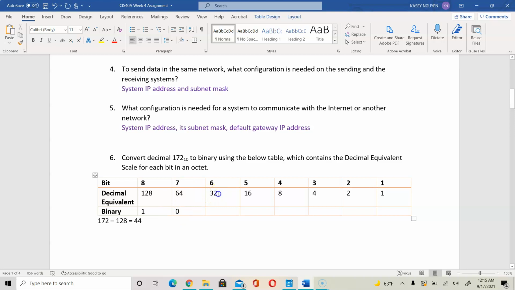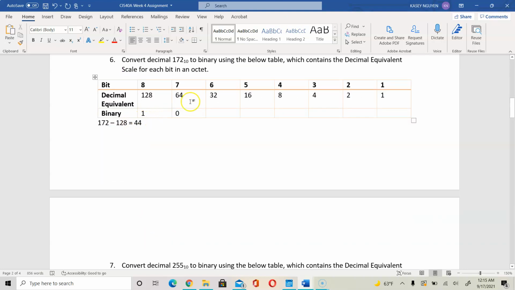The next number we can subtract is 32. 44 minus 32 gives us 12. As we subtract 32, we put a 1 there. 12 is less than 16, which is the next number, so you cannot subtract it. You would put a 0.